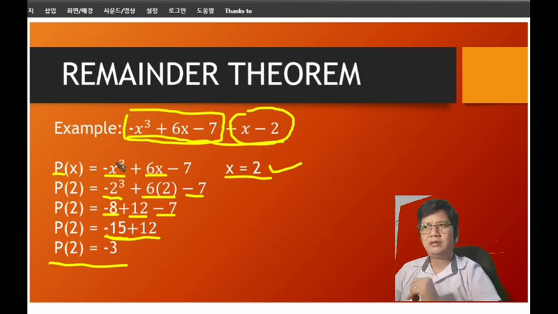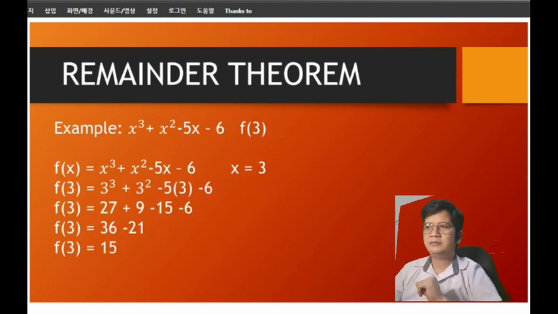Hindi rin tayo magkakaroon ng equivalent na makakaapekto dun sa equation dahil ang 0x kapag naging 0 times 2 is 0 pa din. So hindi na natin yung isinama dito. Unlike the solutions dun sa ating synthetic division and long division, sinasama pa natin to. Okay? Next example at huli na rin.